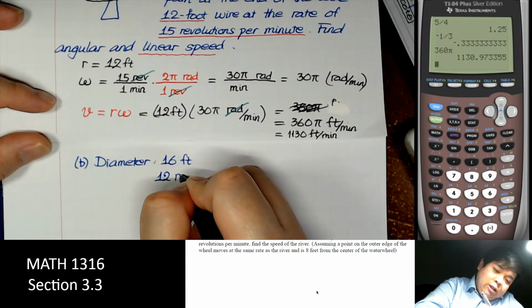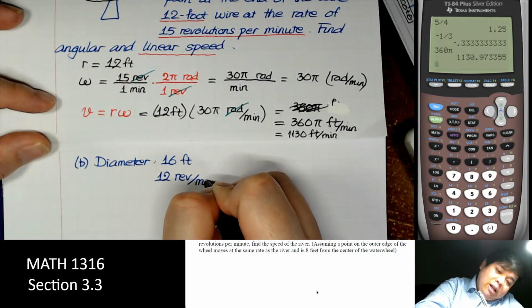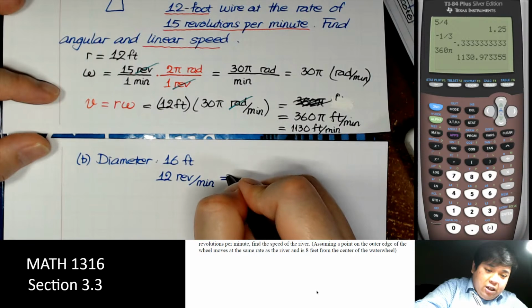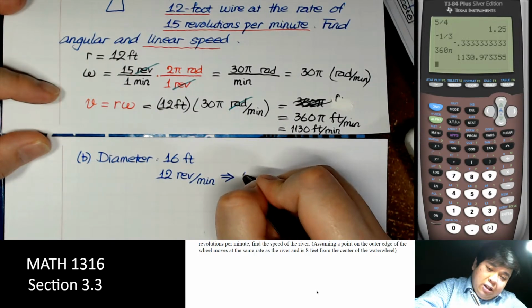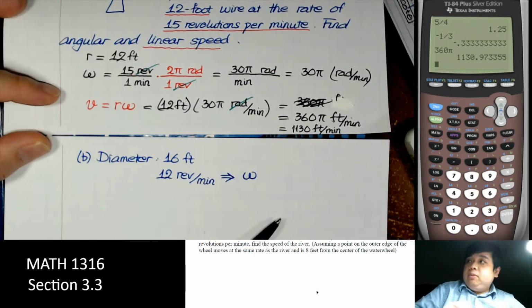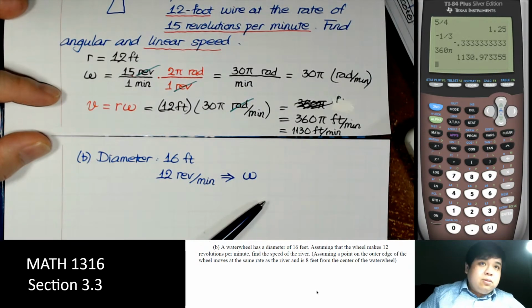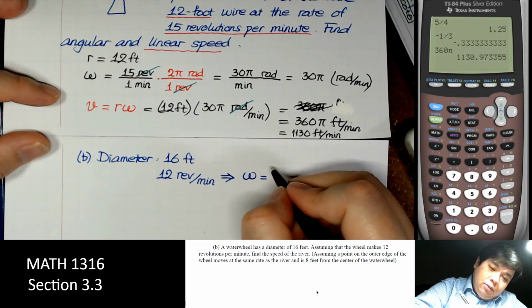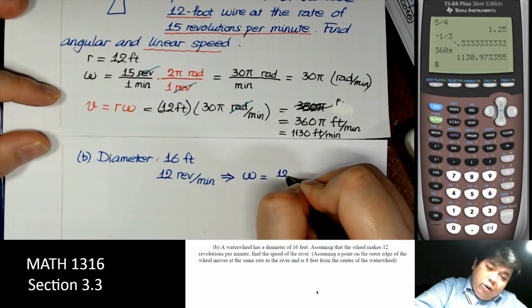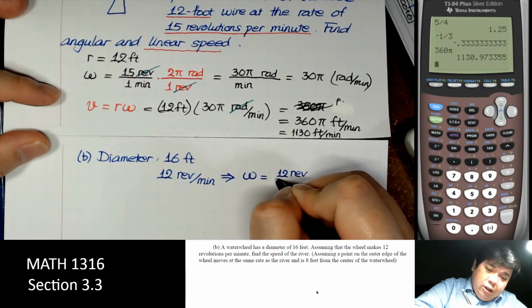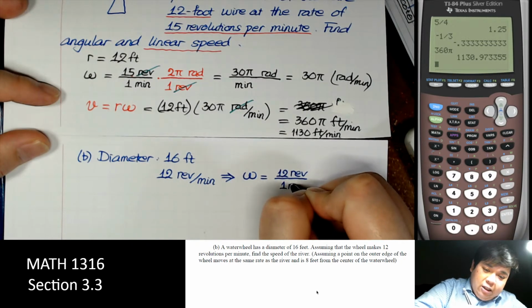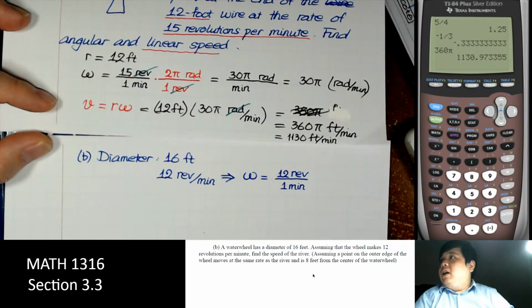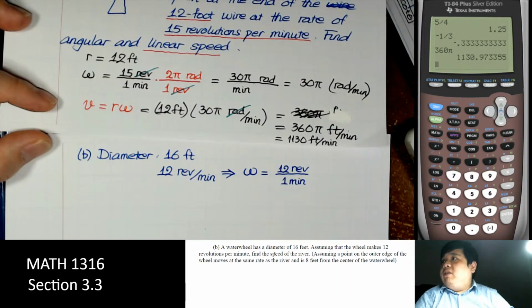Of course, when we write it like that, we know that the angular speed is 12 revolutions per 1 minute. Find the speed of the river.